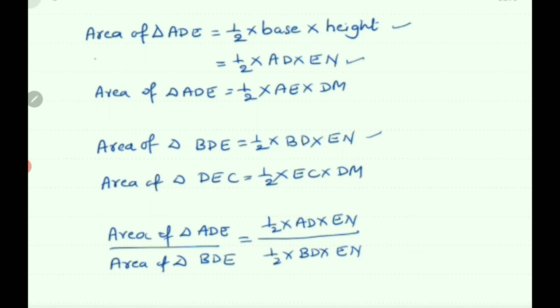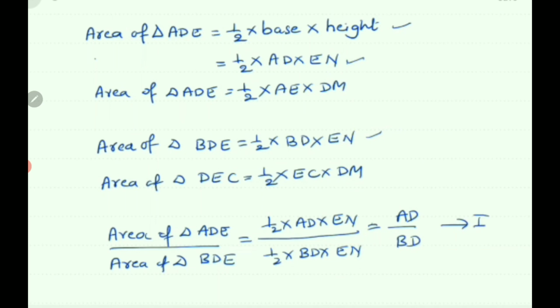Here, EN is the height for both the ADE and BDE triangles. Now EN cancels, half also cancels. You will get AD by BD. This is AD by BD. So you consider this as the first relation.